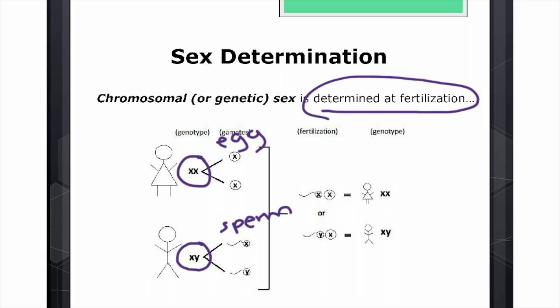The female gametes will only have an X chromosome, where the males will produce an X or a Y.